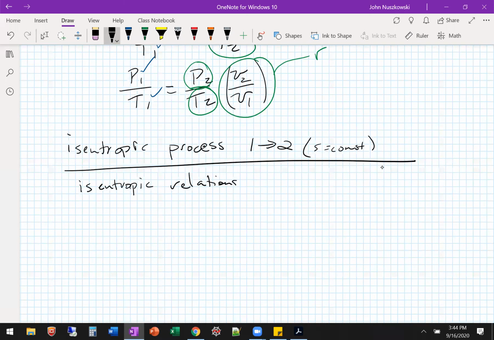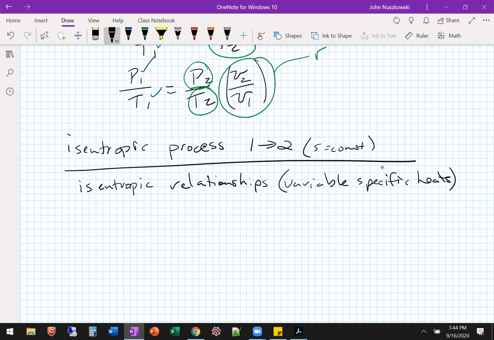But it's variable specific heats. So we can't use any of them that have CP, CV, or the ratio of specific heats, k. So we have two equations for this.